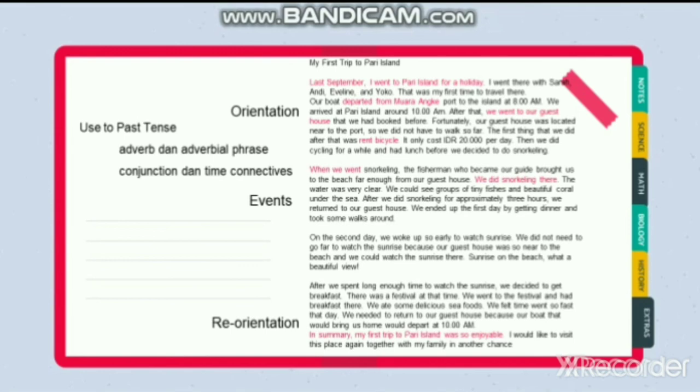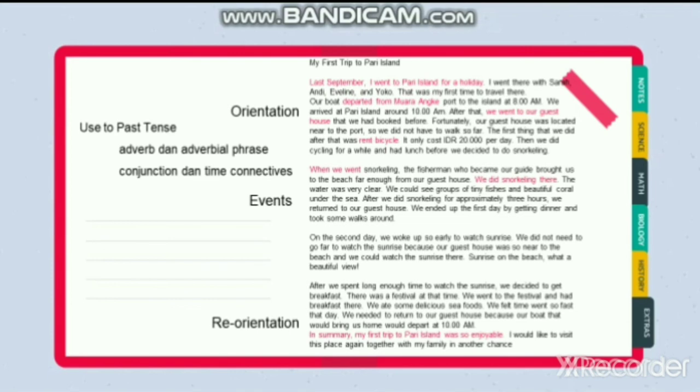I went, we did, we decided, we spent, and these are past tense in the text.